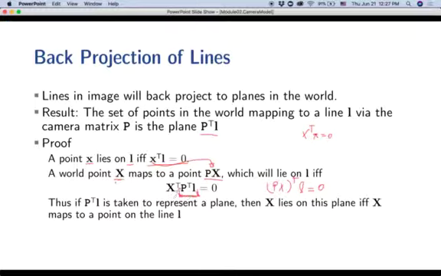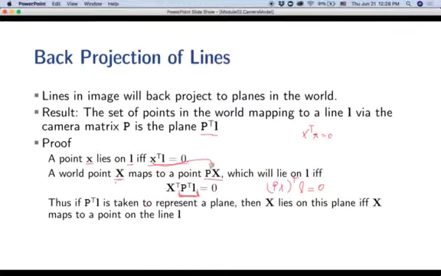So this must be the plane. If I assume that P transpose L represents a plane, then X lies on that plane, which is the back projection of that line, because all of those X's will map somewhere along this line. Hence that plane is given by P transpose L.